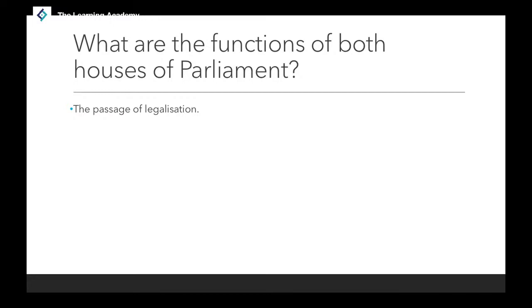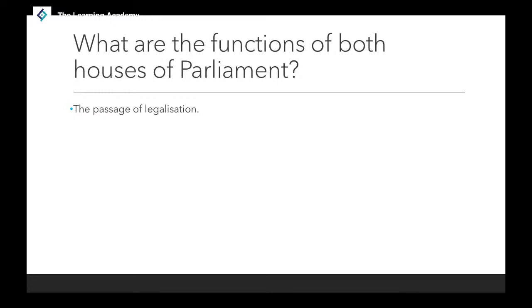So the argument is that Parliament doesn't pass as much legislation as it used to. So on this function of Parliament, that it's supposed to pass legislation, you could argue against that.